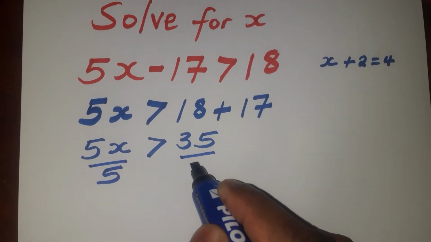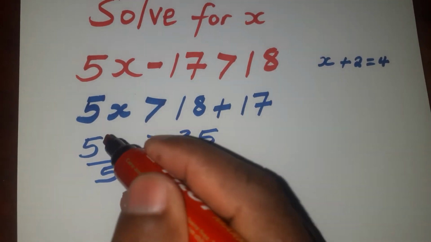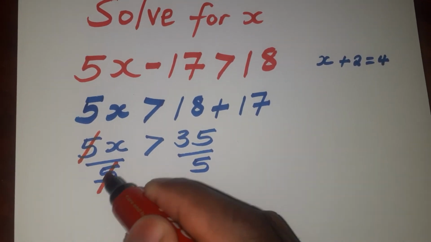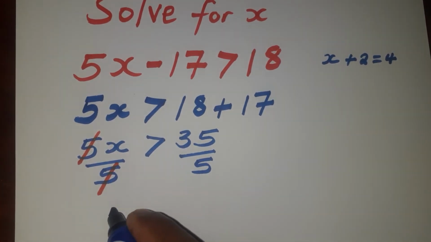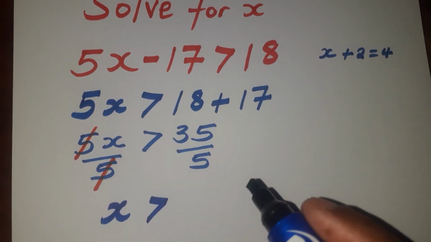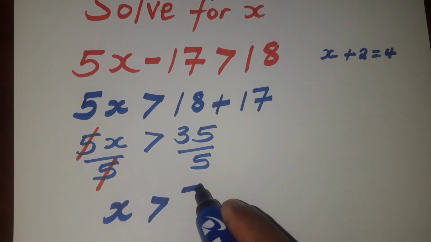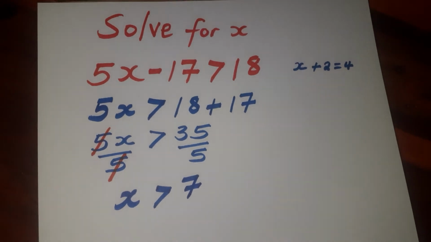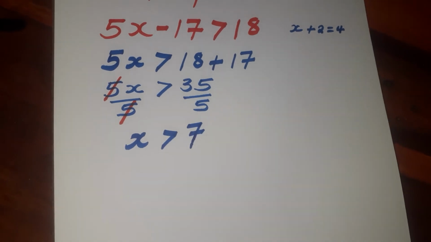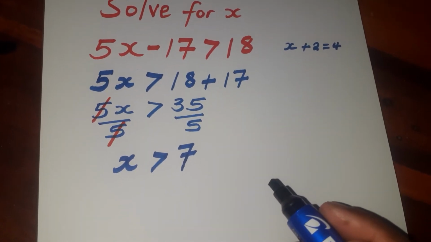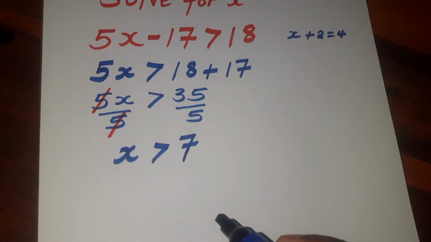We also do the same on the other side, so that this 5 and this 5 can cancel, and then this side we only have x greater than 35 divided by 5, we should get 7. That is the solution.